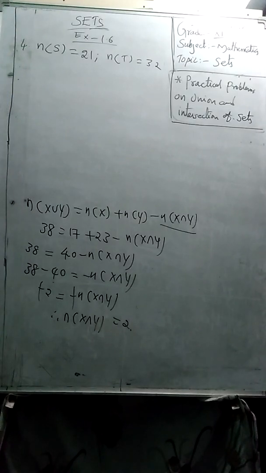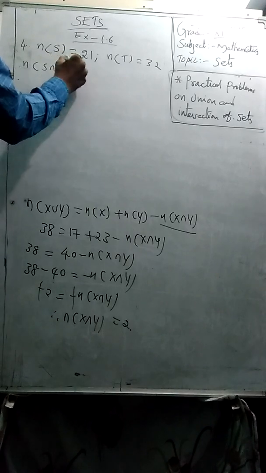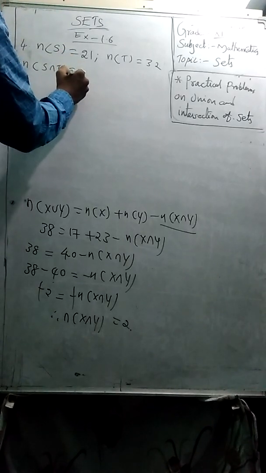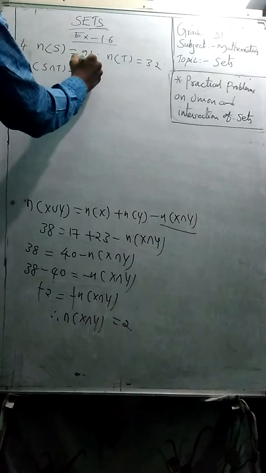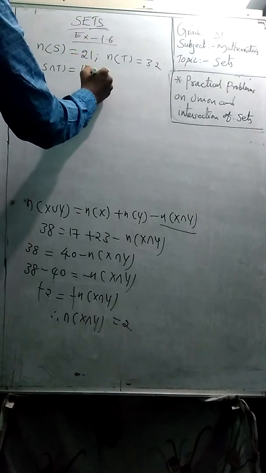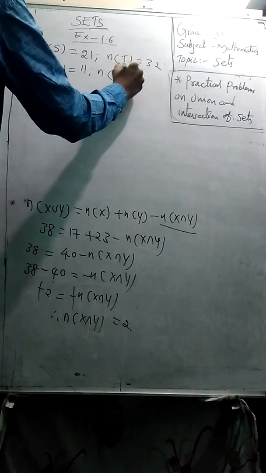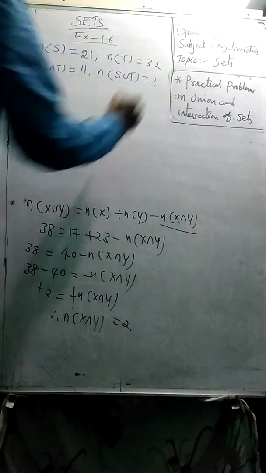It is given that n of S intersection T, the common elements of S and T, is 11. Then we need to find how many elements are there together in S union T.